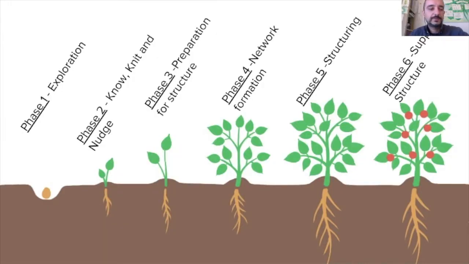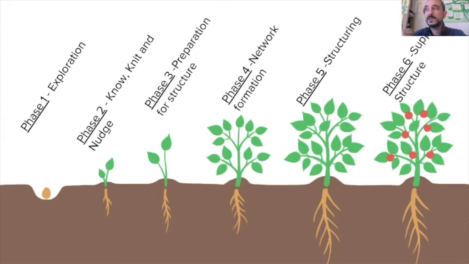I like to think of growing an intentional network like growing a tree. There are lots of phases that a tree or forest goes through when it starts from a little seed in the soil to a tree that produces fruit, and eventually those fruits will fall and create more seeds that will grow more trees, and the forest will grow.